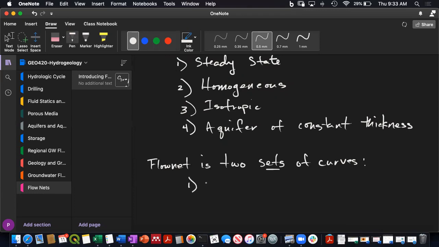One are flow lines or streamlines. They get called both of these things, flow lines or streamlines.